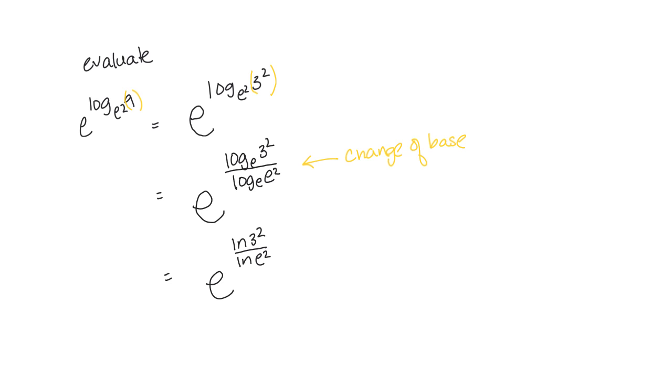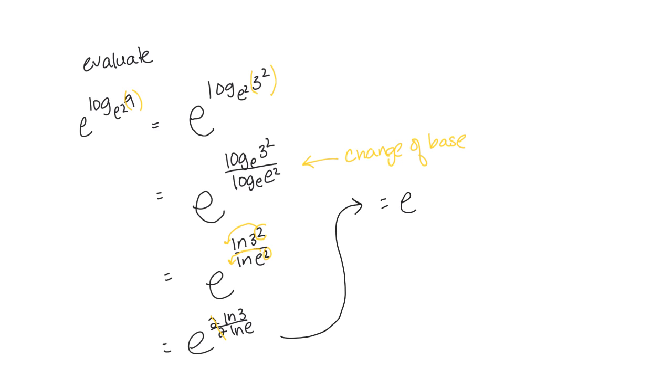And so then we're going to go ahead and use property 7, which allows us to take these exponents and move them to the front. And what you'll notice then is that they actually cancel out. So we'll have e to the 2 times the natural logarithm of 3 divided by 2 times the natural logarithm of e. So we're going to cross out those 2's. And so now, what do we have?